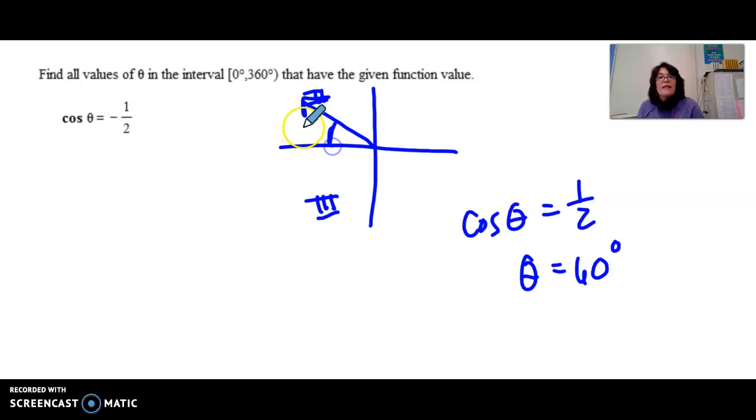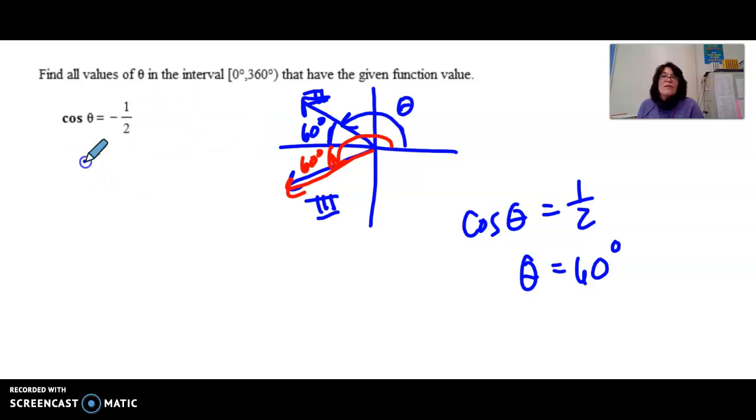So I have to think about the angles, this angle and this angle, that have reference angles of 60 degrees, yet are in the second and third quadrants. Okay, so the blue angle, this theta, is 60 degrees up from 180.